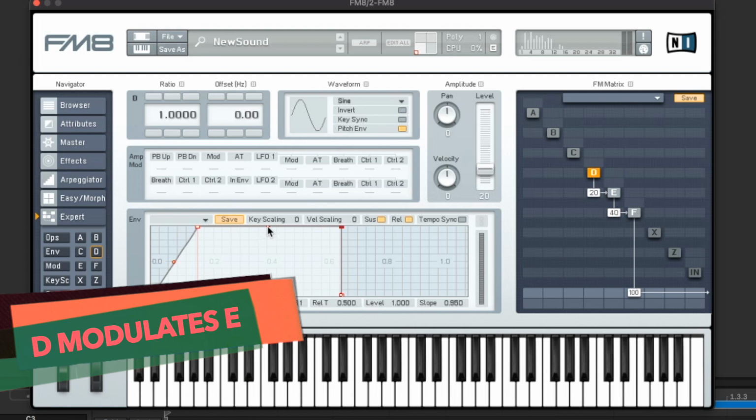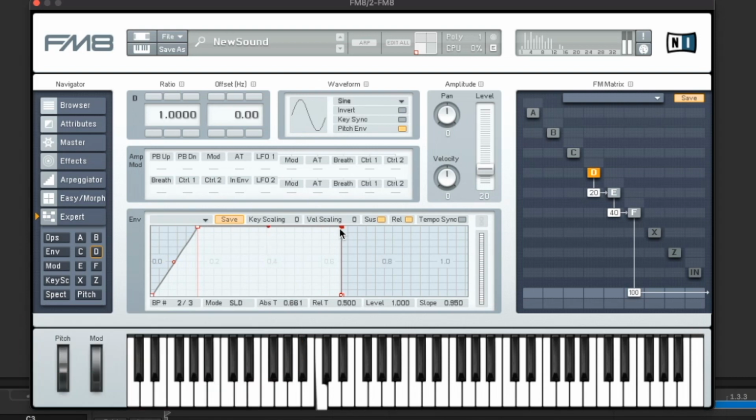The next level of complexity is to modulate the frequency of operator E by means of operator D. Depending on how we set up the individual envelopes, we are able to animate different sections of the sound.